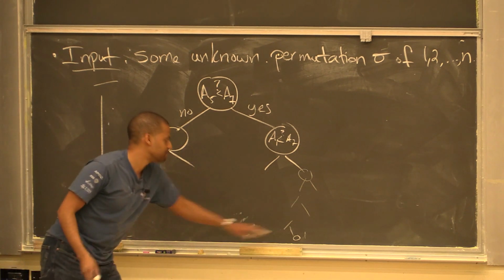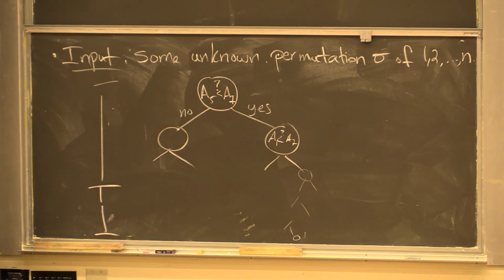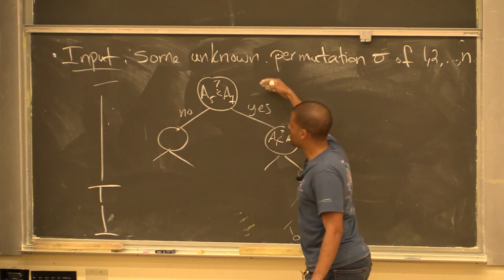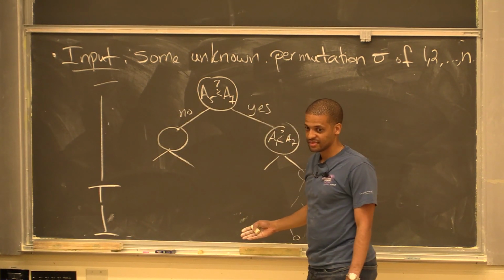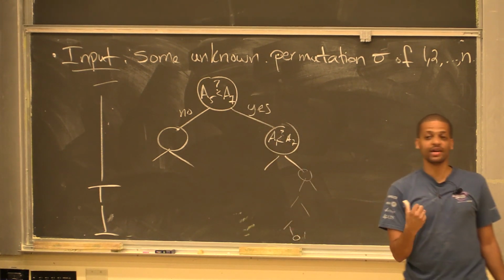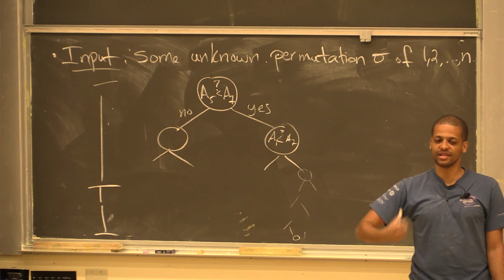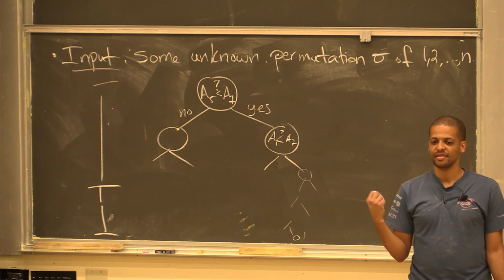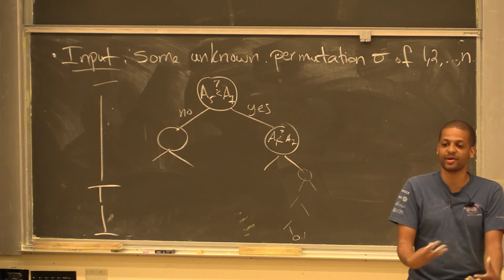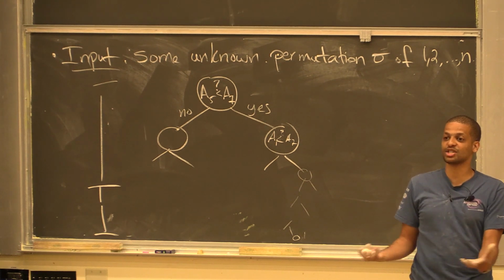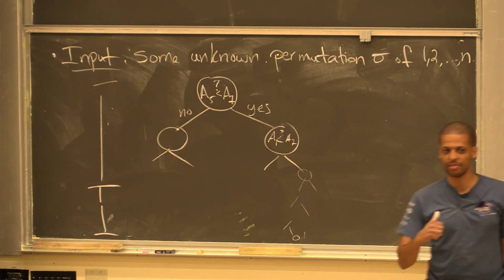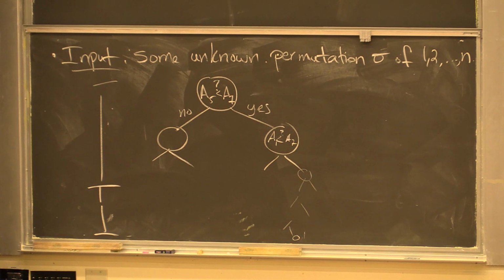So now I have a complete binary tree of height t. The runtime might be even more than t, since t is just the number of comparisons; it might spend a lot of time figuring out which comparison to do next. That only makes it slower, so the runtime is certainly at least t.